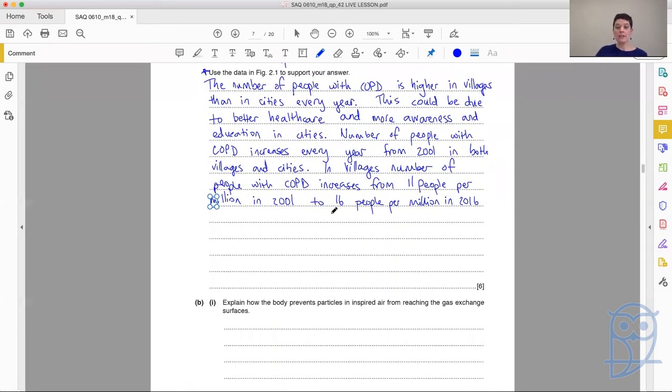Okay, so that's our in villages, but of course we're comparing, contrasting, so we always also want to give our data points for our cities.